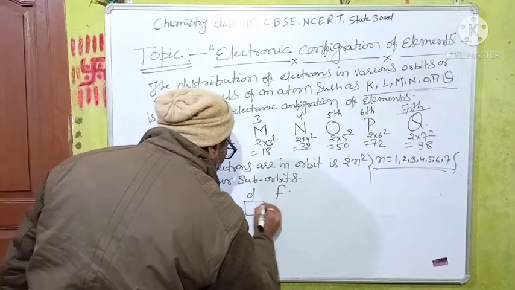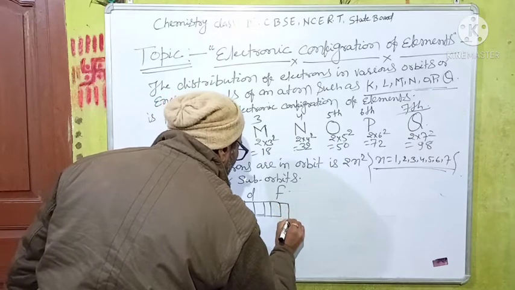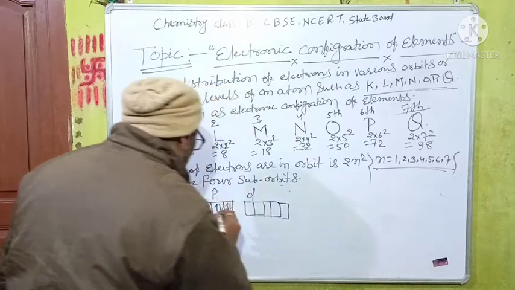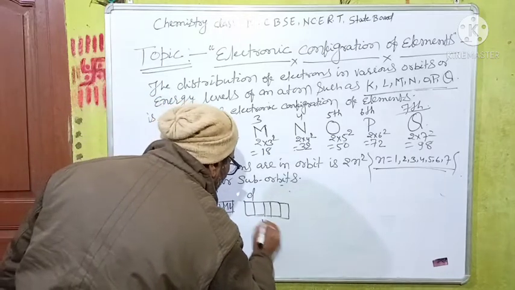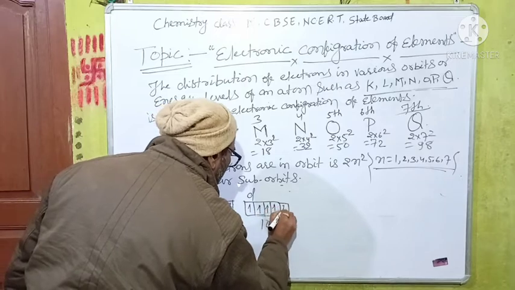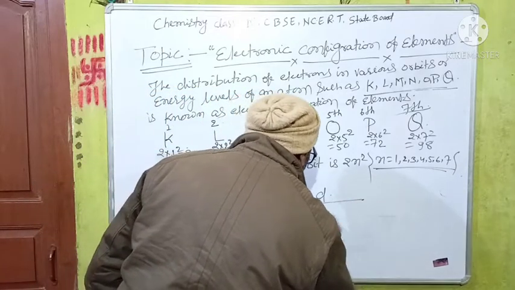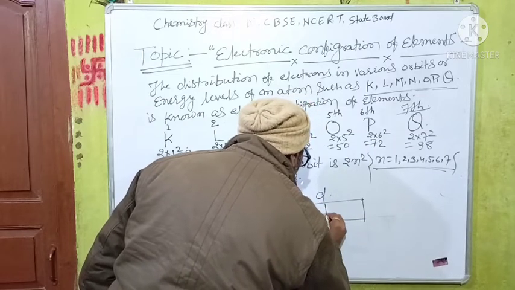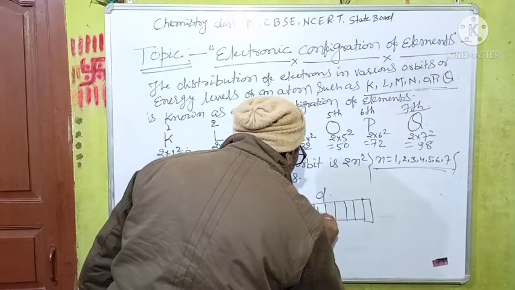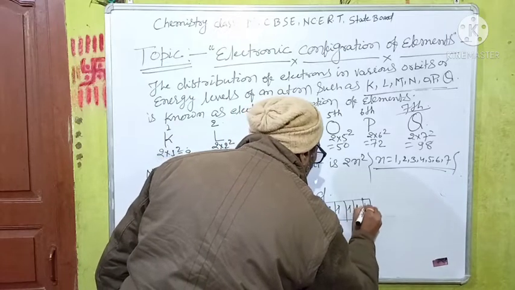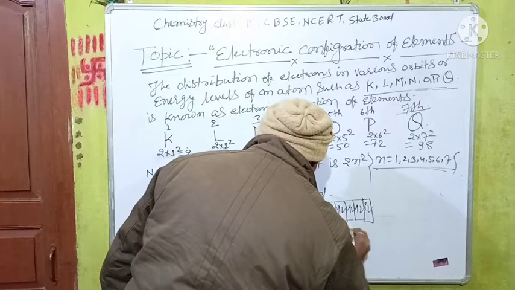D has 10 electrons, and F has 14 electrons. So, 2 electrons, 6 electrons, 10 electrons, and 14 electrons.